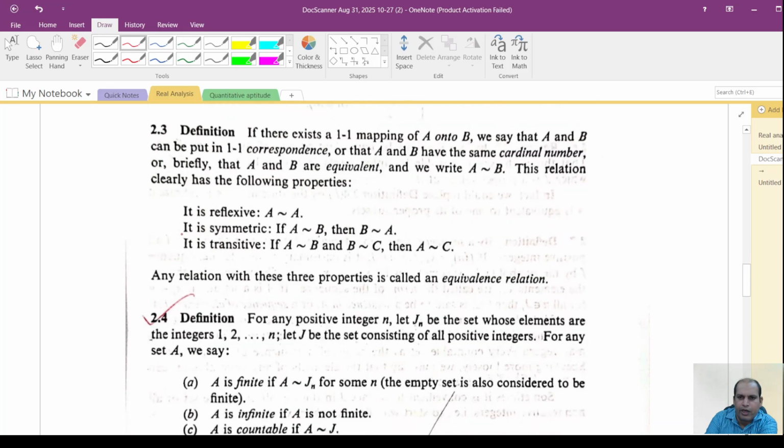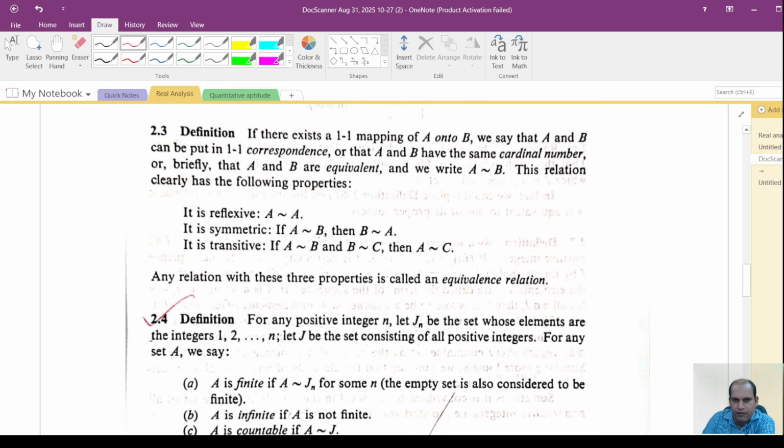Now, let us come to the point that if there exists a 1-1 mapping of A onto B, 1-1 correspondence means existence of a bijective map.